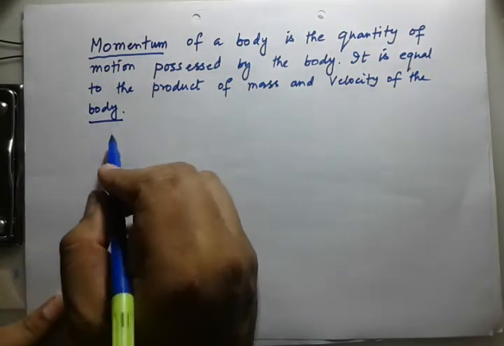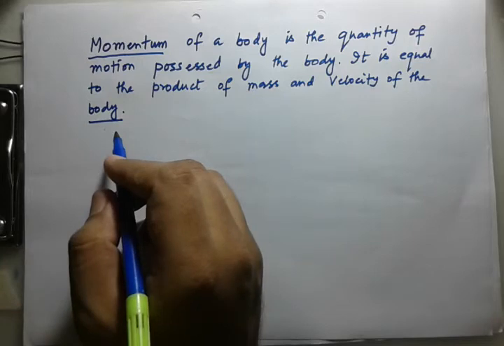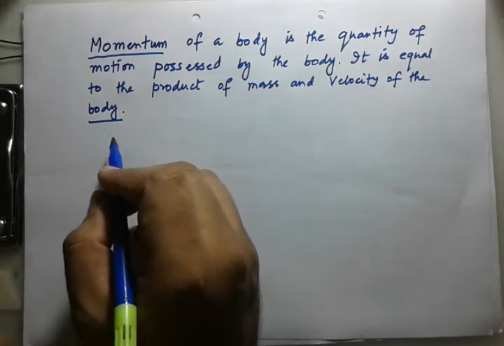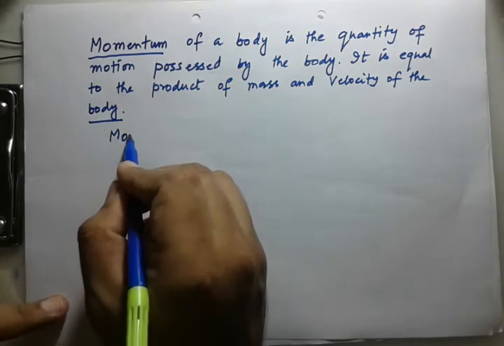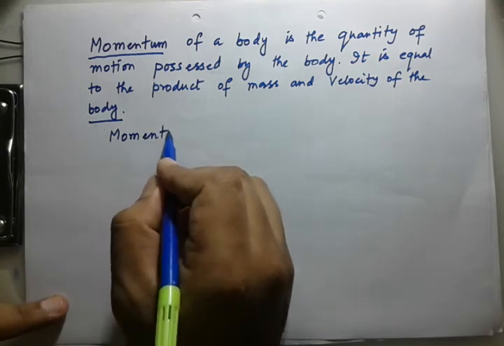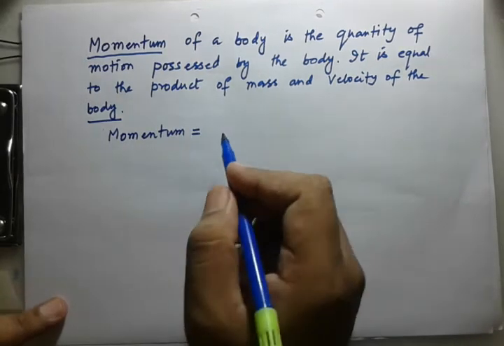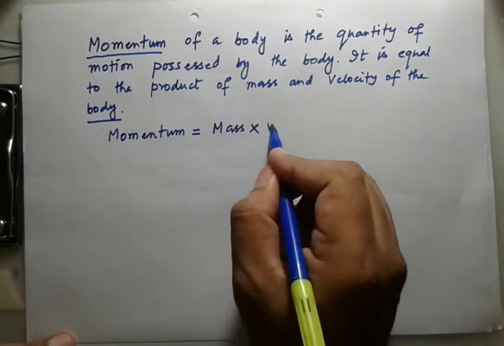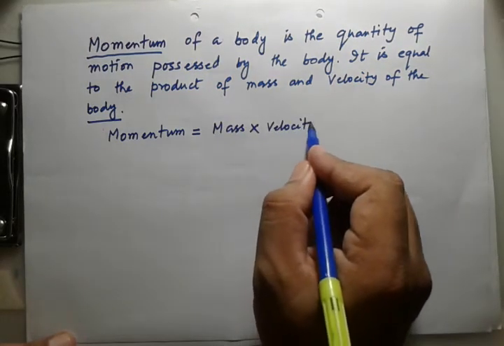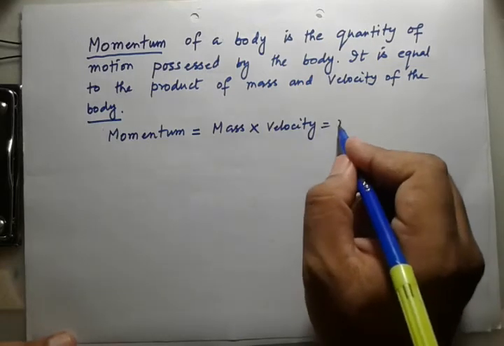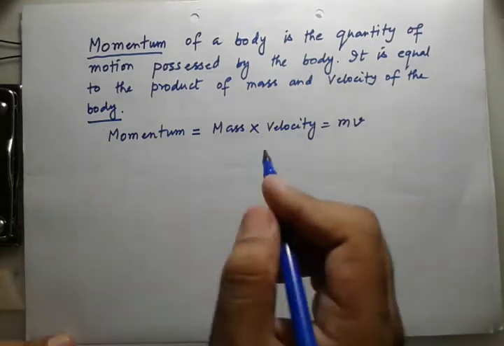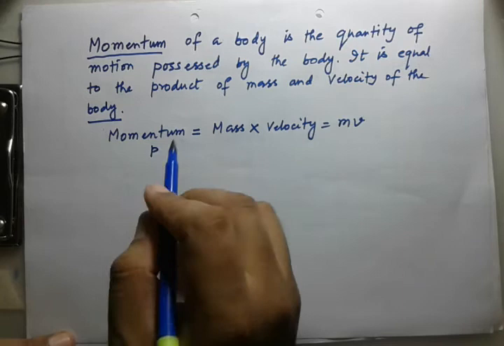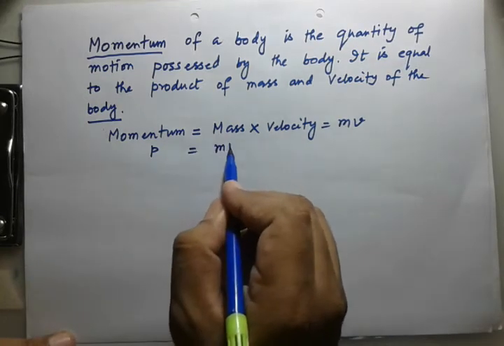Now, momentum is equal to mass into velocity. Mass is m, velocity is v, so mv, and momentum is represented as small p. p equals m into v.